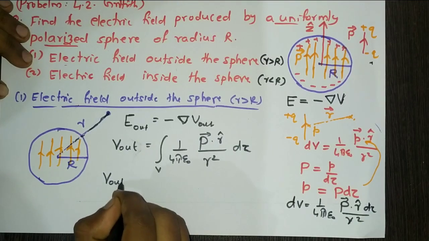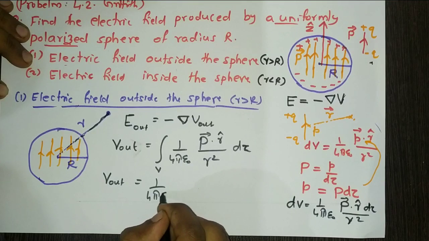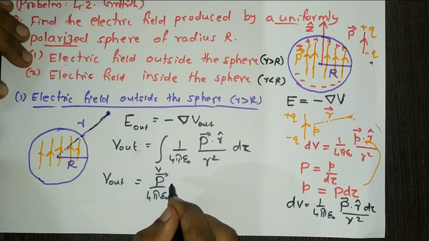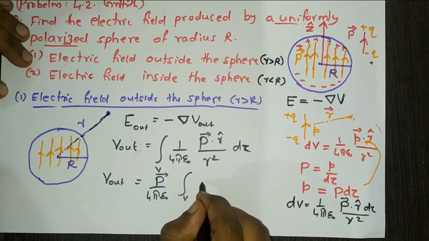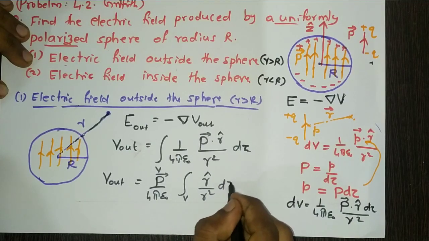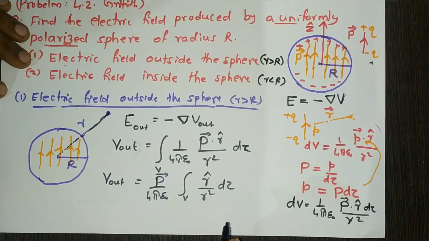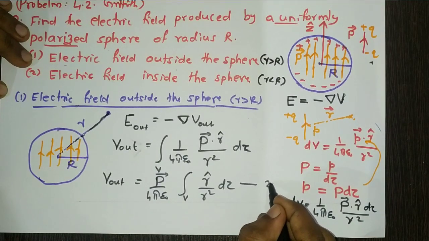V out can be taken as 1 by 4 pi epsilon 0, P can also be taken outside, volume integration of r cap divided by r square d tau. This is equation number 2.